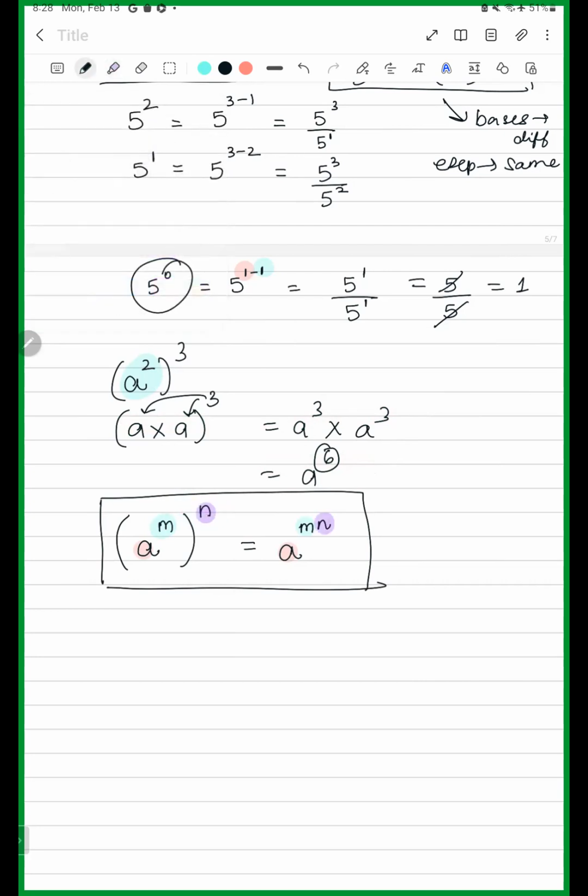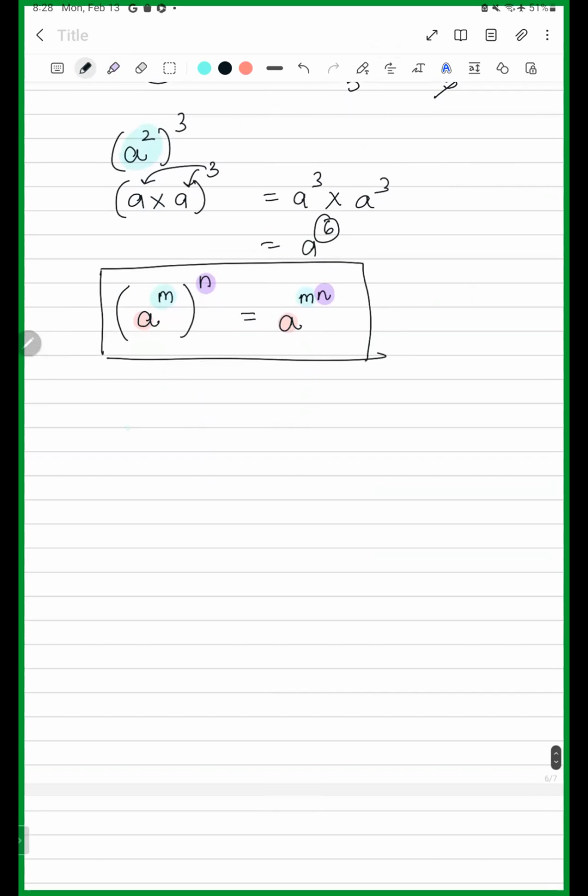See, let's say you have 2 to the power 3 whole to the power 4. Let's see what this is. What is 2 to the power 3? 2 to the power 3 होता क्या है? 8. 8 to the power 4 मतलब 8 into 8 into 8 into 8. ठीक है?